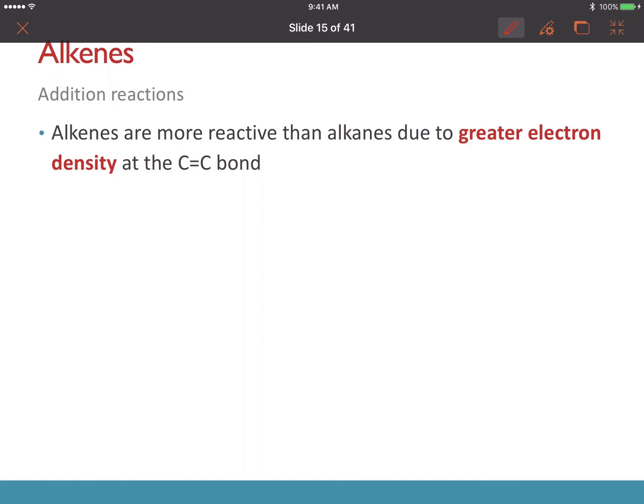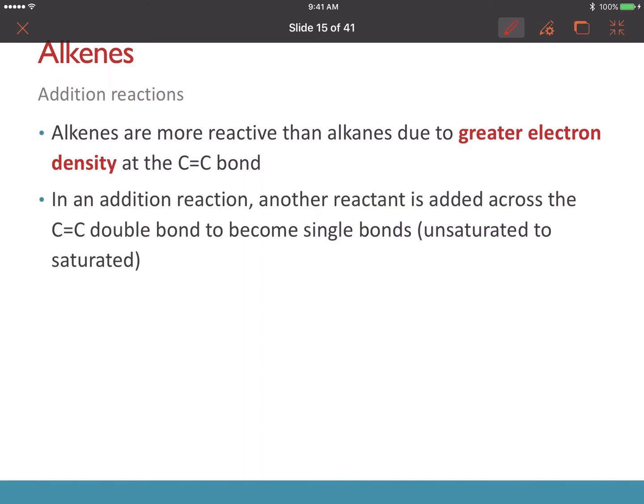So, having greater electron density at the CC double bond makes it more reactive. What is an addition reaction? It is when another reactant is added across the double bond to become a single bond. Okay, you can think of it as addition reactions are A plus B will give you C, one product.